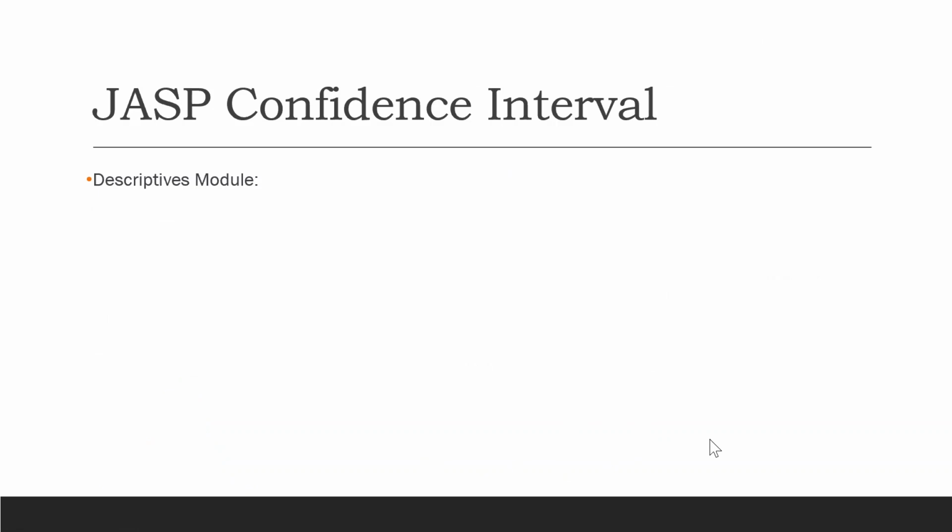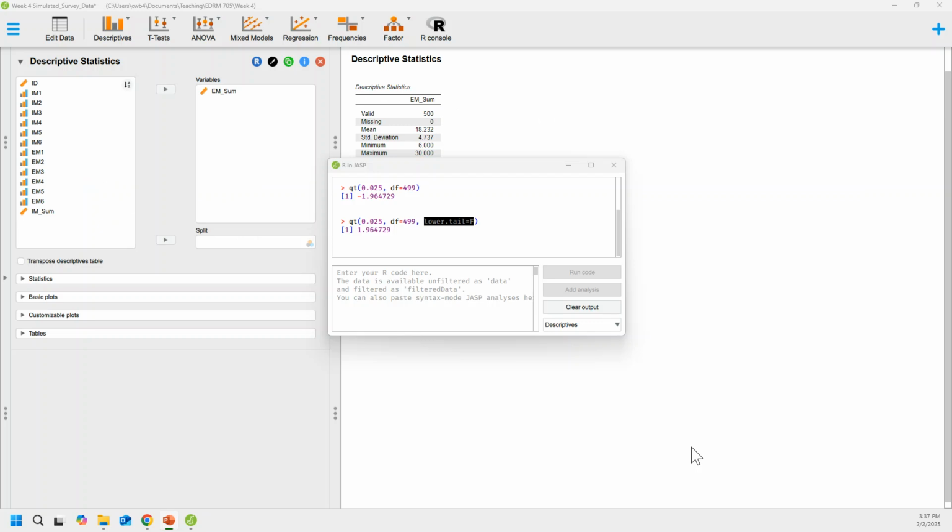However, the way we're going to get to it in our JASP software, where it'll do all those calculations for us, is to look at the descriptives module, which we were using before. In the descriptives module, there's an inference section and then a confidence interval for the mean section. All right. And so I'm going to show you this in JASP.